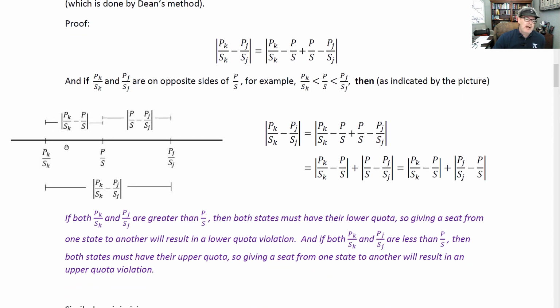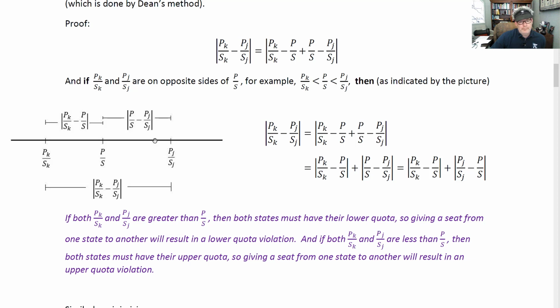Because to get on one side of the average, I look at, if you're greater than P over S, you had to divide by a smaller number than its true quota. If you divide by its actual true quota, you would land exactly at P over S. But you must be dividing by a smaller number. In other words, it's lower quota if you're on the right.